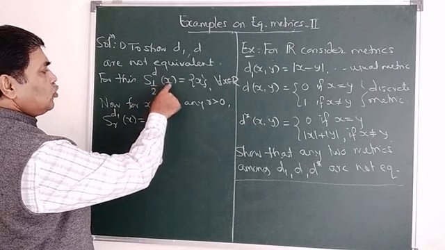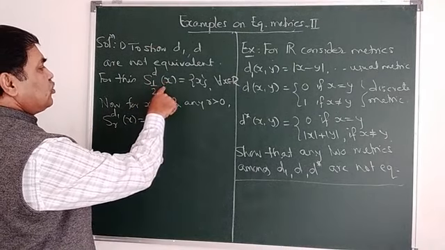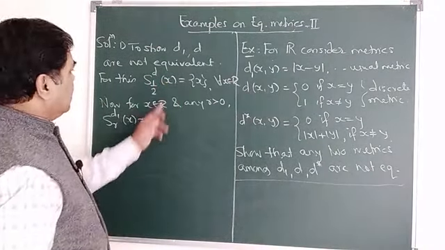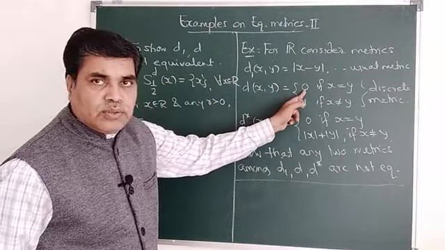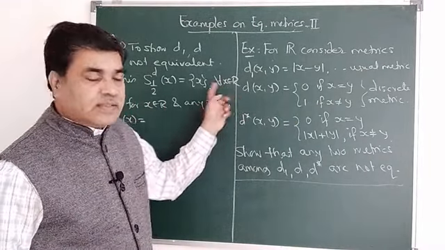This is the set of those y such that the distance of x and y is less than half with respect to d, so it is 0, and that's why it contains a singleton set.